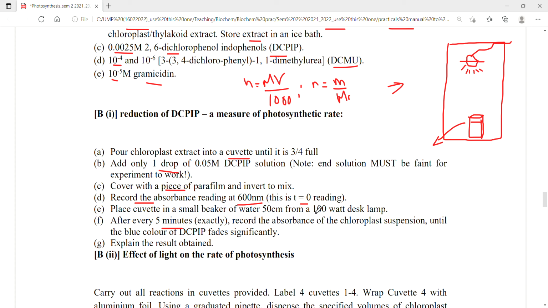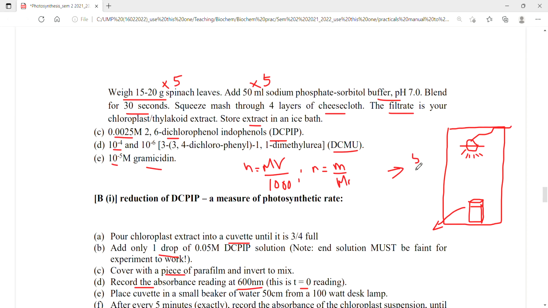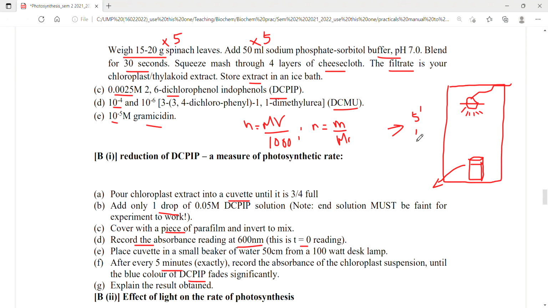Again, do what was done for the zero time. Read it at 600 nm, and we do this every 5 minutes, until the DCPIP supposedly fades. So we expose it for 5 minutes and then go and read the measurement in the spectrophotometer, and then another 5 minutes exposed to the light.